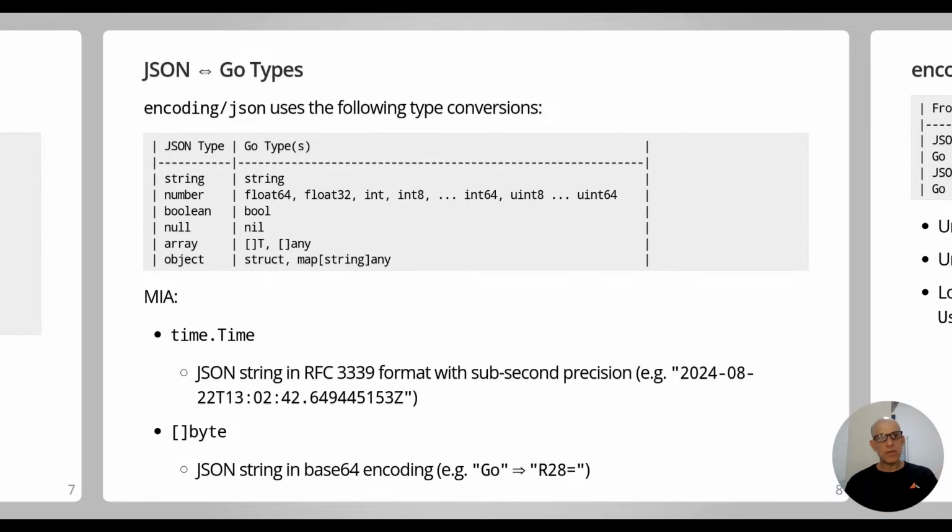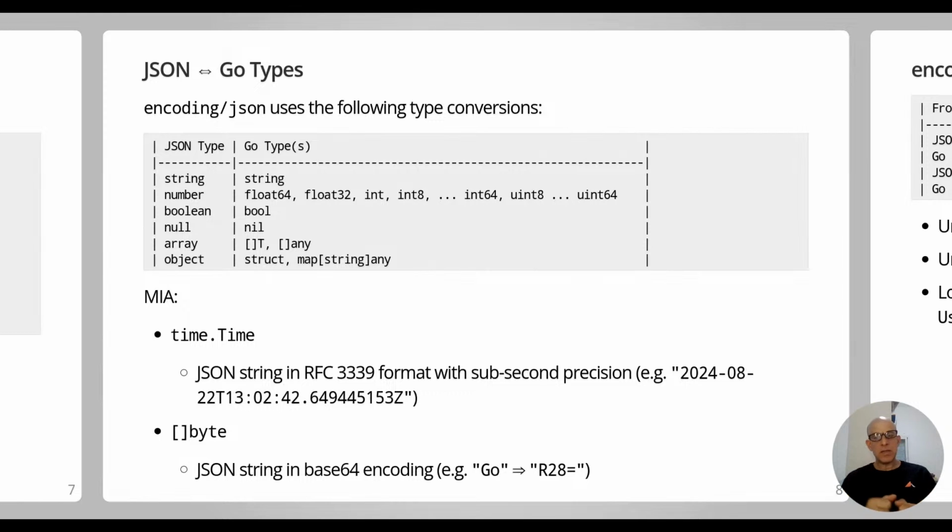What they do is they convert this binary type to a string in what is known as base 64 encoding. Base 64 has been around for a long, long time and comes from email. An email, when you add an attachment, is actually converted to base 64 and then sent, because email is also a textual format. So for example, the string Go is going to be encoded to the string R28=.